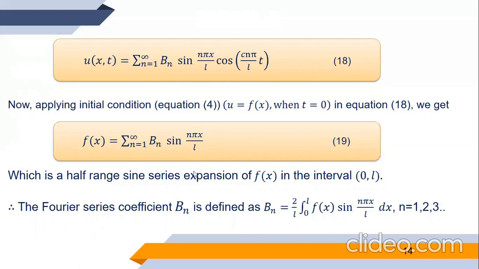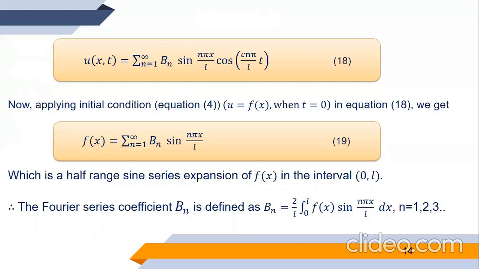Equation 19 is a half range sine series expansion of f(x) in the interval 0 to L, where the Fourier series coefficient Bn is defined as Bn is equal to 2 by L integration 0 to L f(x) into sin(n pi x by L) dx, where n is equal to 1, 2, 3 and so on.